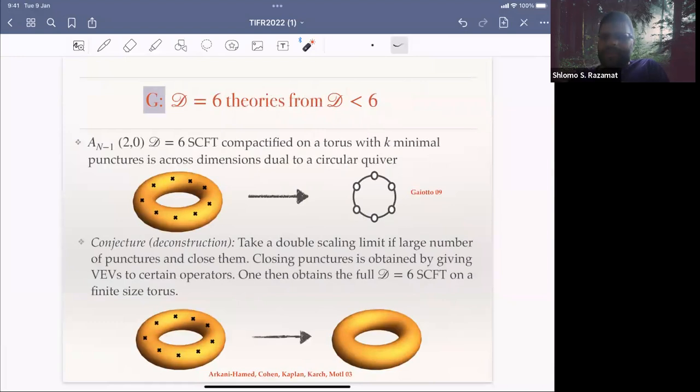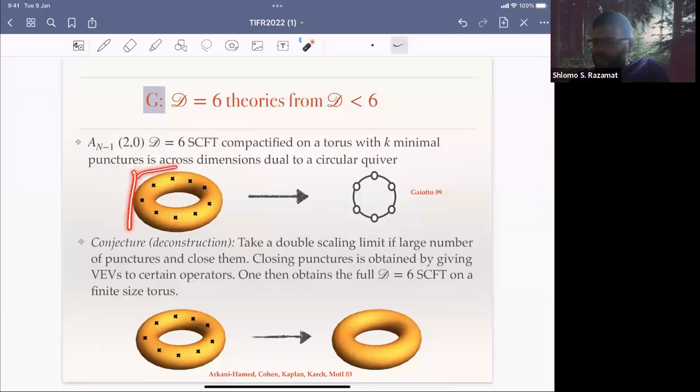In all of these discussions that we had, we discussed understanding lower dimensional physics starting from higher dimensional physics. But you can go the other way around. The basic idea is very old, this idea of the construction. Let me mention it in a little bit more modern language.